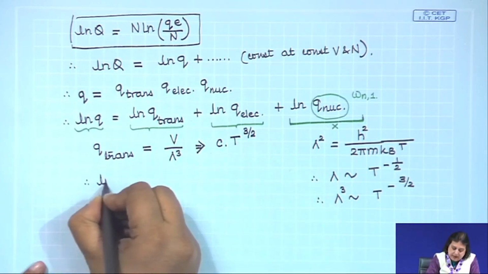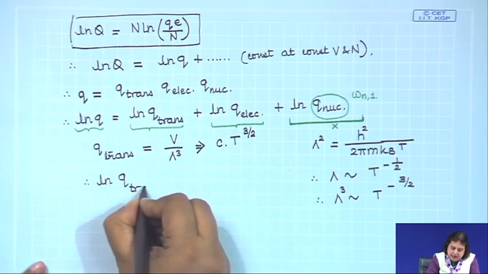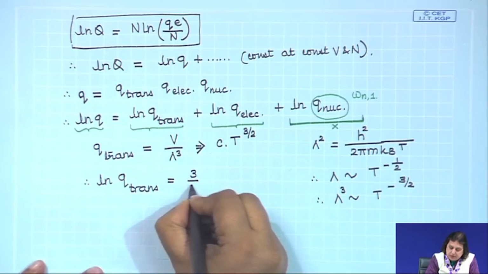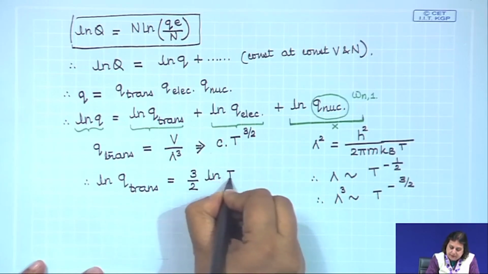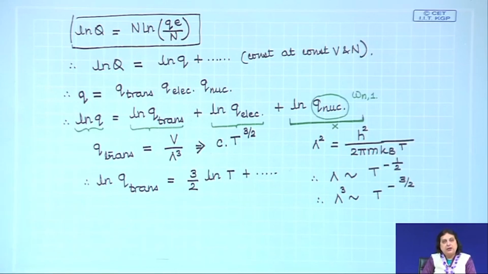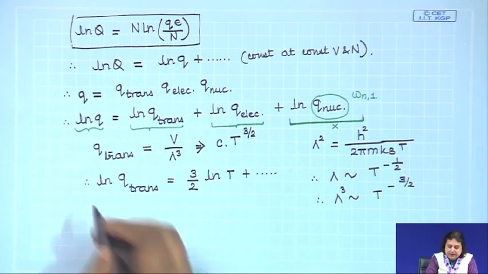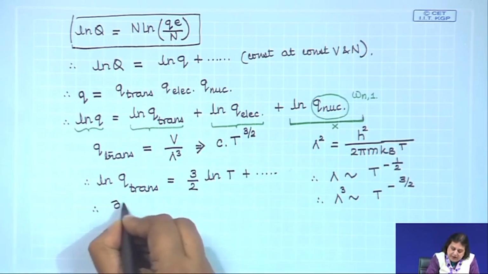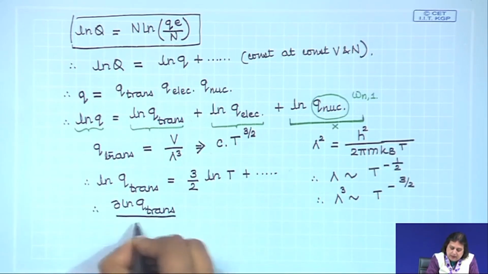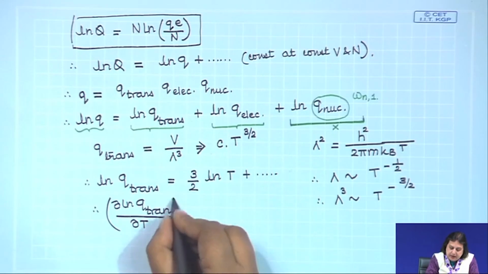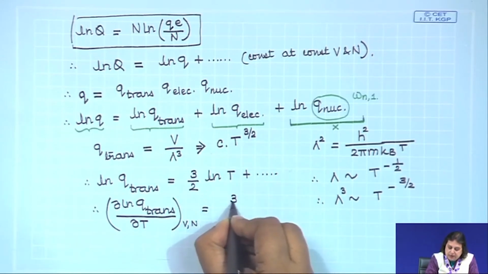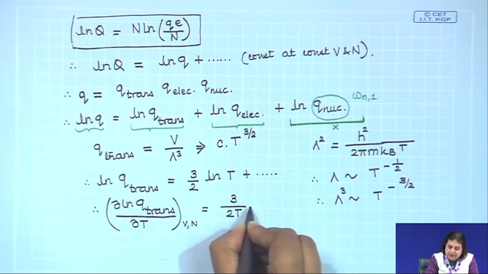Therefore, ln q trans will be written as 3 by 2 ln T plus certain other terms which are constant at constant volume and number of particles, and therefore, the partial derivative of ln q trans with respect to T, keeping volume and number of particles constant, is going to give you 3 by 2T.